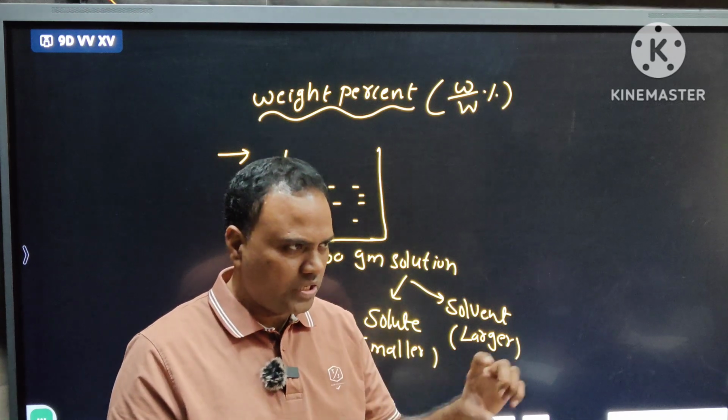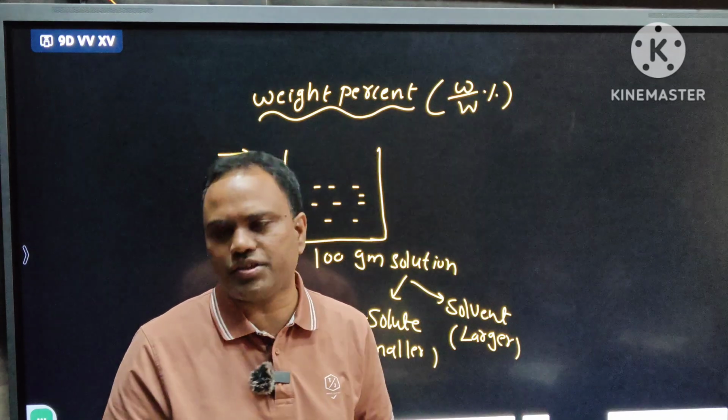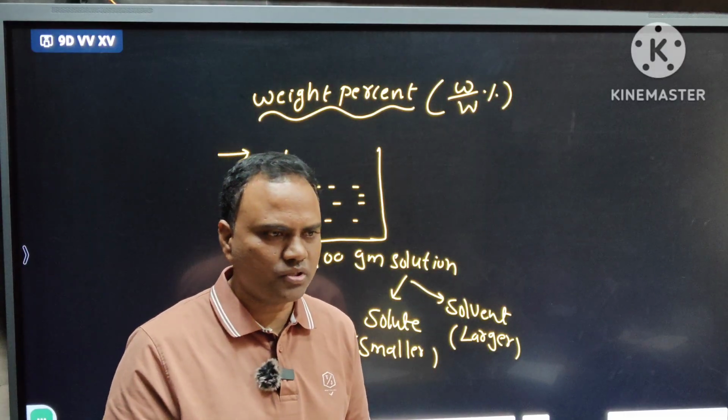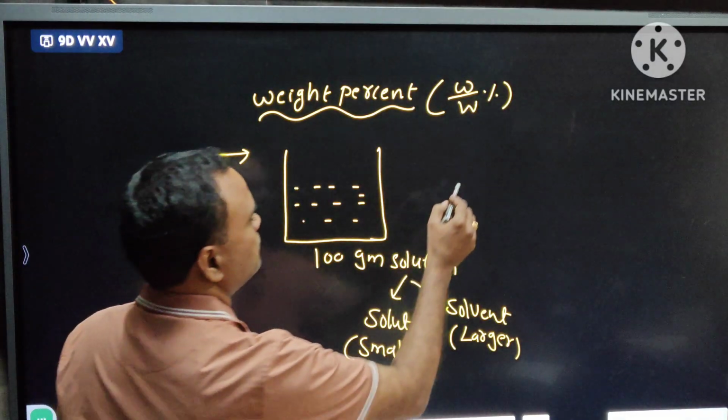100 grams is fixed. We have to compare with 100 ml or 100 grams, fixed always. Write the definition.